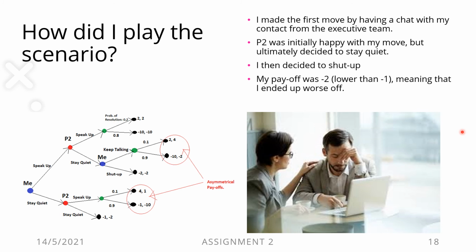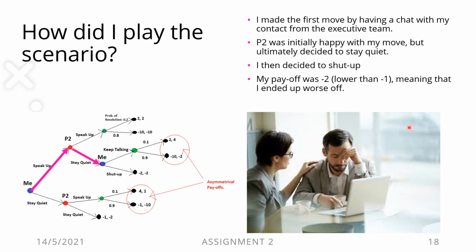So how did I play the scenario in the end? Well, I made the first move by having a chat with my contact from the executive team. Player 2 was initially happy with my move, but ultimately decided to stay quiet. As a result, I decided to shut up.